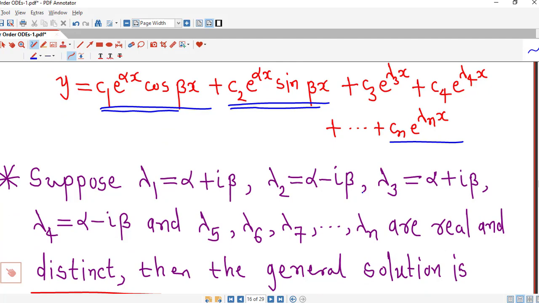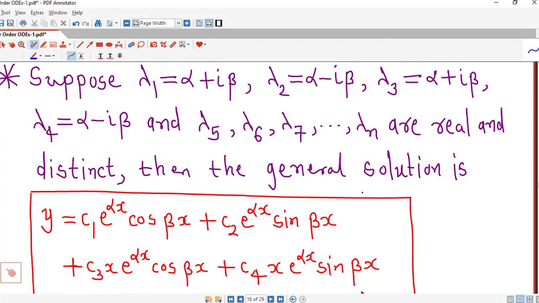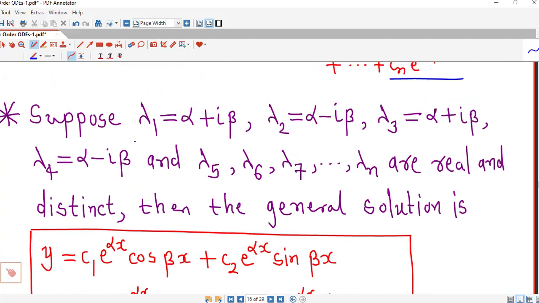Now suppose we have repeated complex pairs. Suppose one pair is lambda 1 equal to alpha plus i beta, lambda 2 is alpha minus i beta, and we are having repetition of this pair. So suppose lambda 3 is also alpha plus i beta and lambda 4 is also alpha minus i beta.